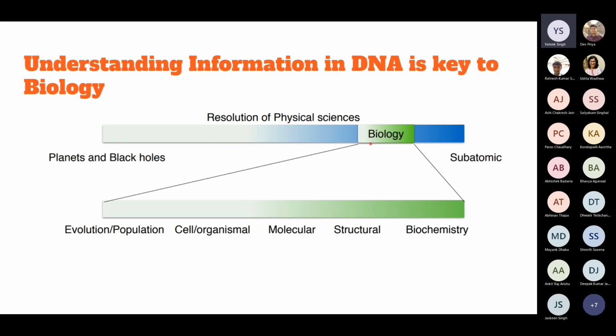Biology is happening at a very restricted physical scale, from biochemistry, that is how different biomolecules interact with each other to form large structures and large molecular machines, which come together to form a cell. All these cells can come together to make a big organism, and a lot of these organisms can evolve together and form populations that are interacting with the environment. So biology, unlike physics, mathematics, and chemistry, is only happening at a specific cross section of physical sciences.